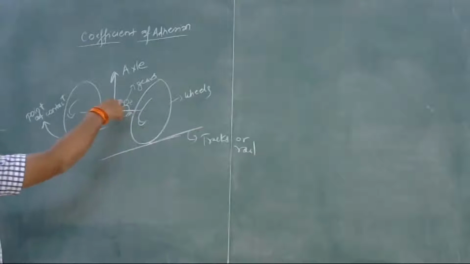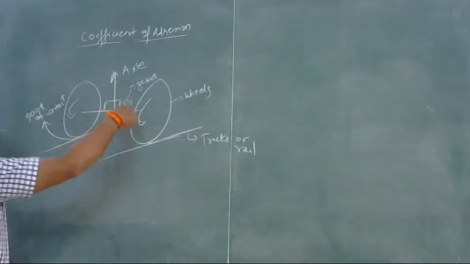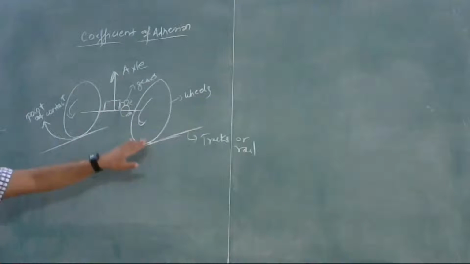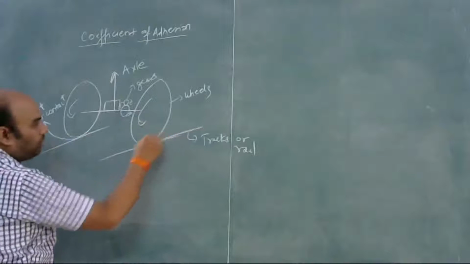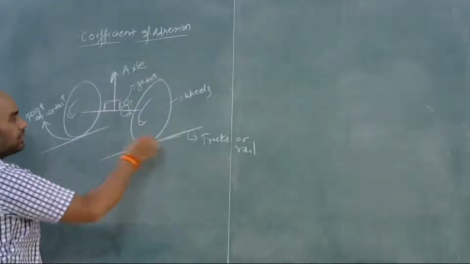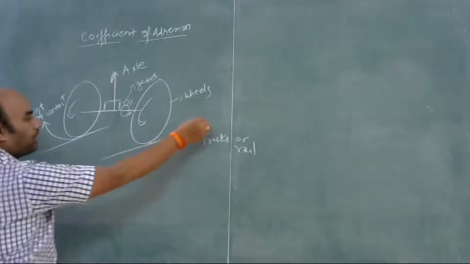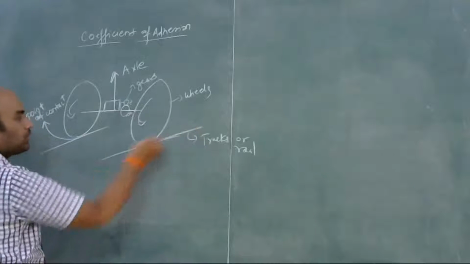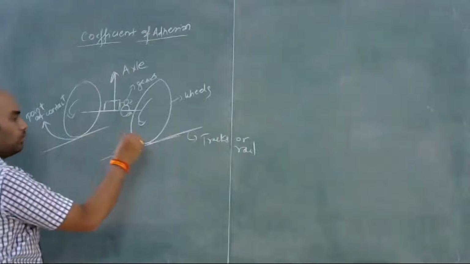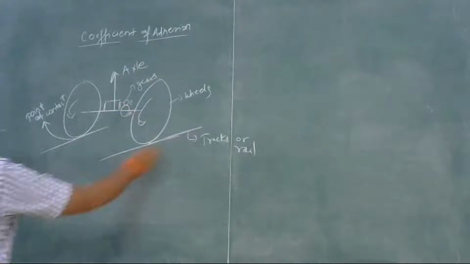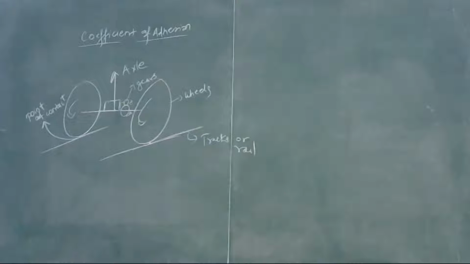When the motor moves, this gear moves, and it will move the axle and these wheels. And there should be no slipping of these wheels on the track. This is the grip of the wheel on the track; it should hold the track when it runs on this rail.